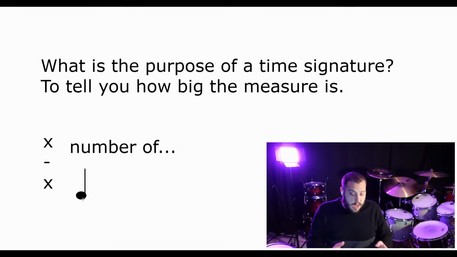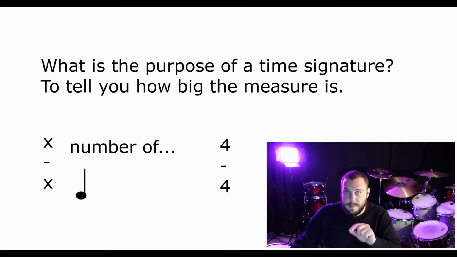Okay, so if I tell you, go to the store and grab 7 sandwiches, now you know what I'm looking for and how many. The time signature is telling you the type of note you're using, in this case quarter notes, and how many. So what you're used to seeing here is 4 over 4. What that means is that a measure of 4 over 4 can fit 4 quarter notes inside of it.